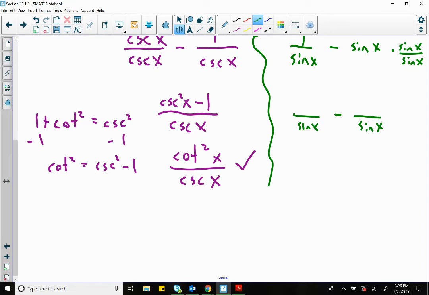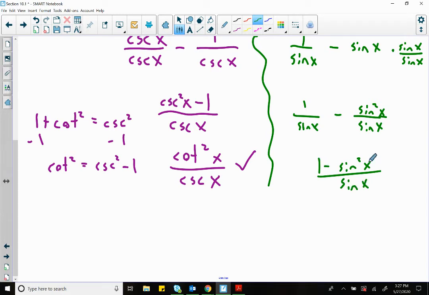Okay? So we'll have 1 on this one because the denominators are the same. And over here, you'll have sine squared x over sine x. When you put this together, you get 1 minus sine squared x all over sine x.